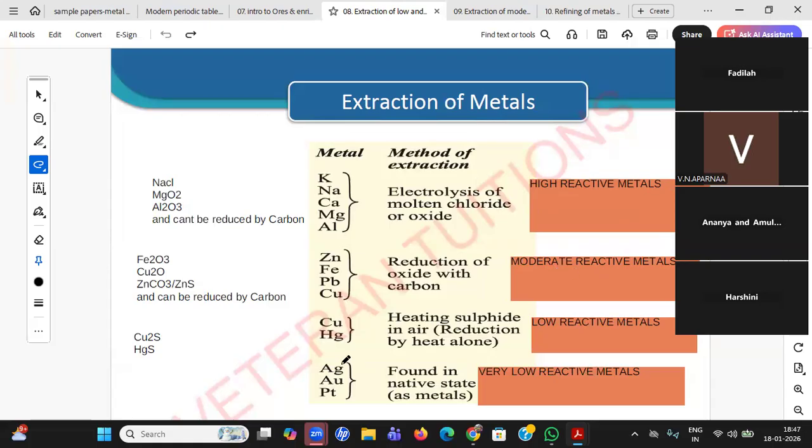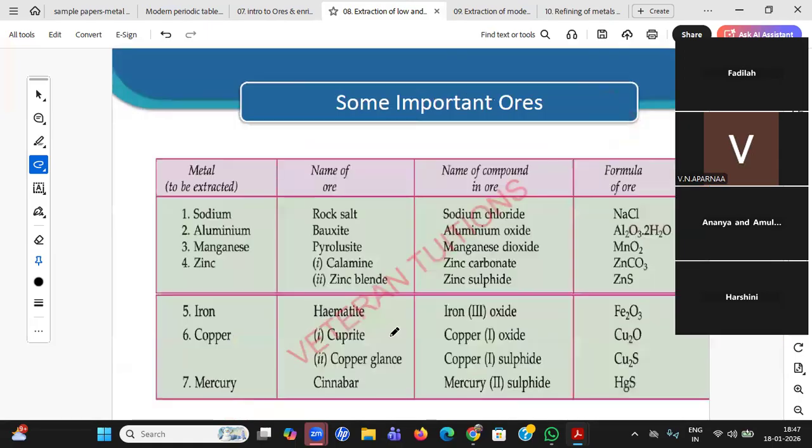You can see here silver, gold, platinum. We said that they are found in the free state, so students, they are not required to be extracted at all. Why? They are already found in the free state. What will you remove it from? Already you are getting a pure gold piece. There is no requirement of the second step for that.